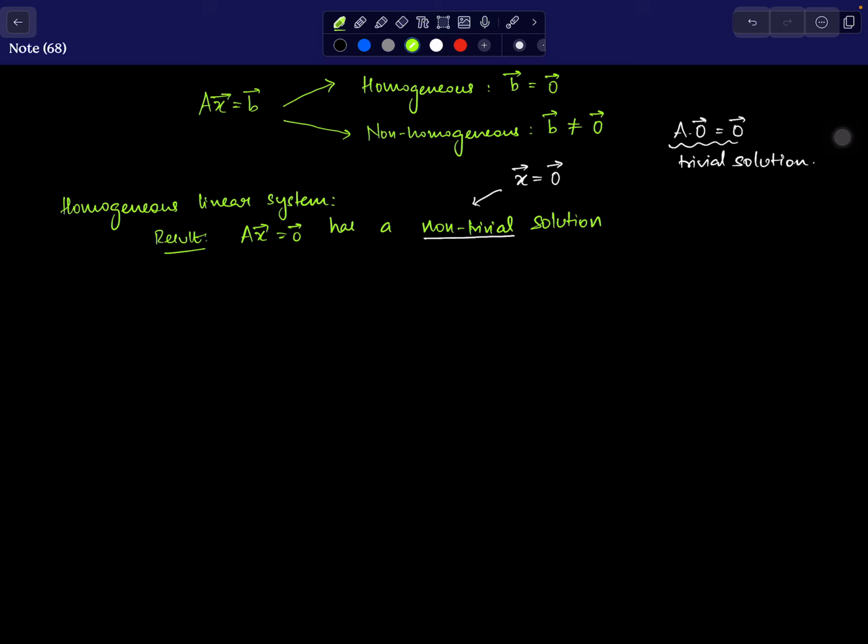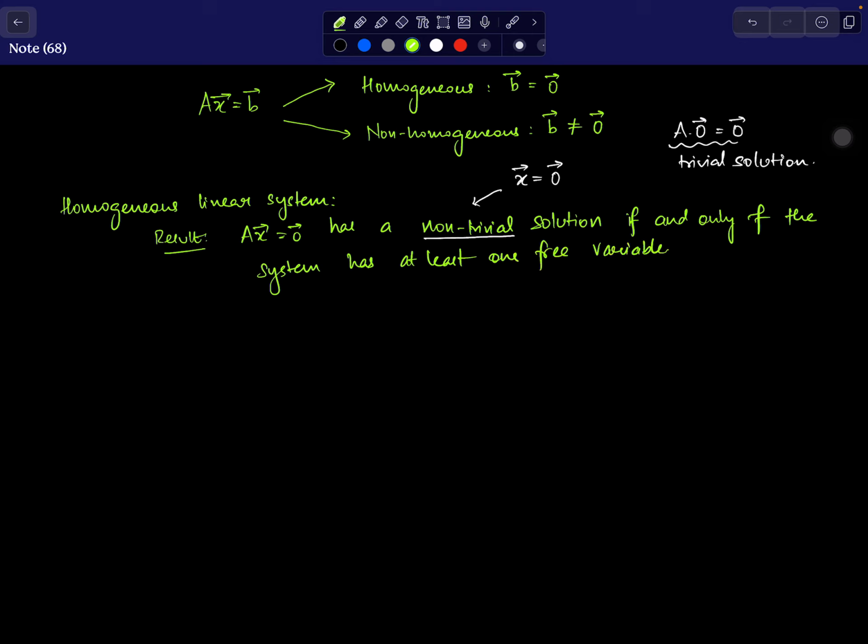So if you want a non-trivial solution, then that happens if and only if the system has at least one free variable.